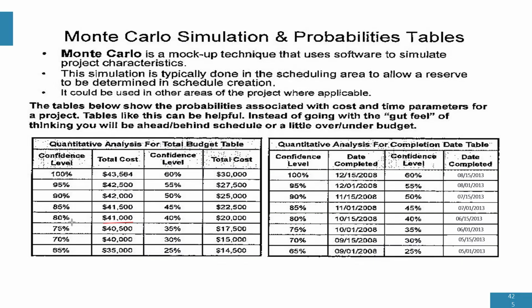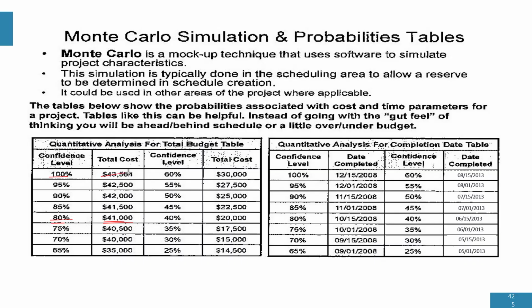Now, with $41,000, you have an 80% confidence level or 0.8 probability of completing the project. So what Monte Carlo software does is that it starts simulating from 0, 5, 10, 15, 20, 25, then simulate. So you enter your parameters, which is your confidence level and the amount you're working with, and Monte Carlo will simulate and go beyond your 80% to 100%.